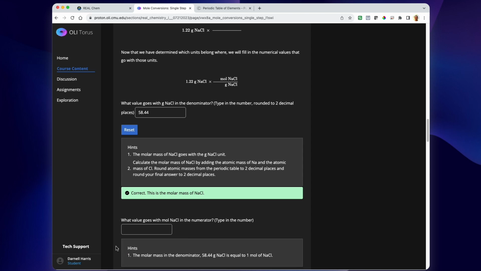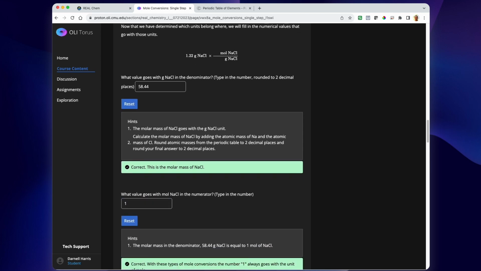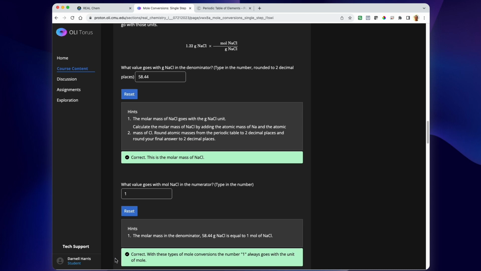Let's ask for another hint. 58.44 grams of sodium chloride is equal to 1 mole of sodium chloride. Oh, right. So 1 mole of sodium chloride weighs 58.44 grams. So I think I must put 1 here. Let's try that. That's right. Great. That hint got me right to it. Awesome.